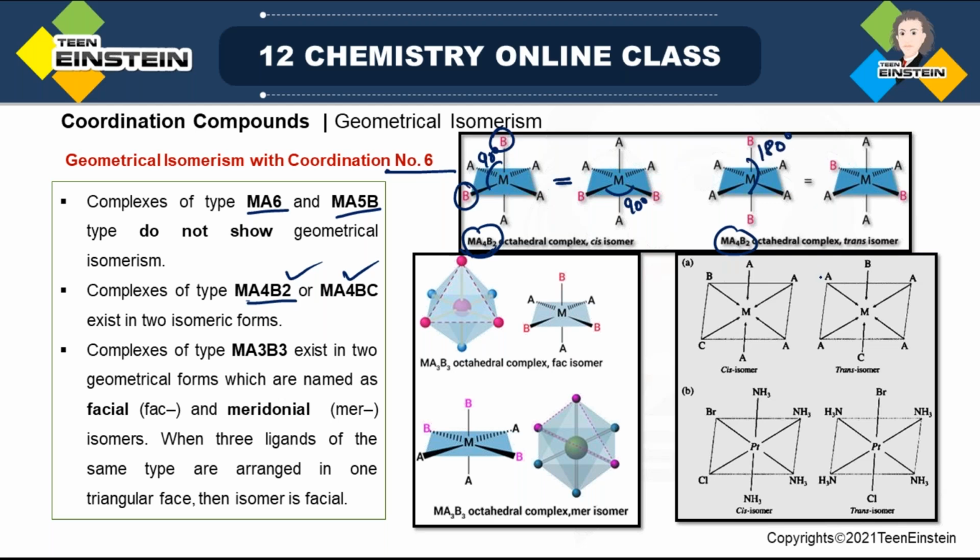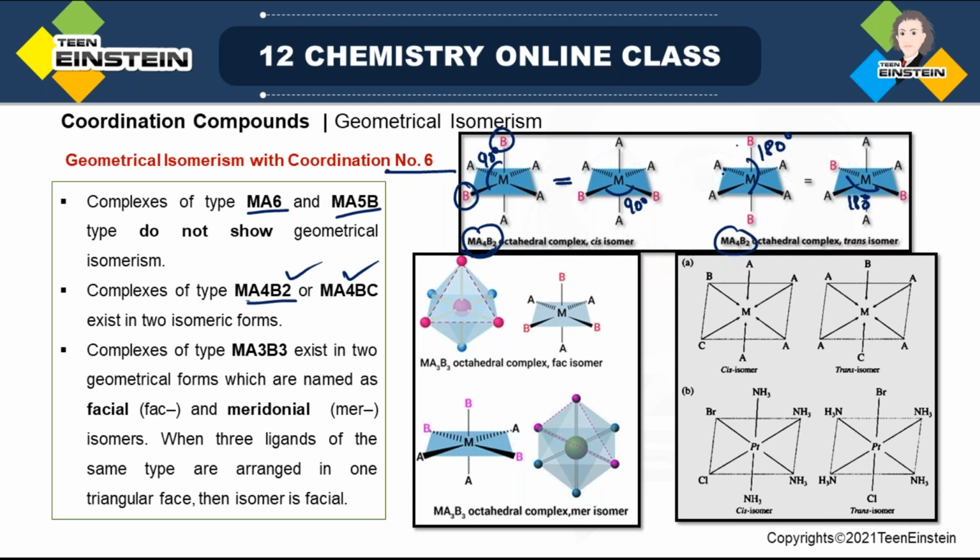So whenever any complex is given, you have to check what the angle is, and according to that you can understand cis or trans. This is also 180 degrees. It is not important whether the B-M-B is vertical or horizontal. What you have to see is the angle between them, that is the important thing. Because sometimes this B may be in the square plane directly, but it may not always be.